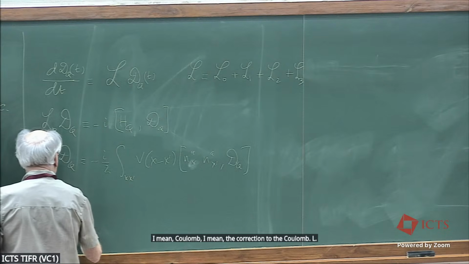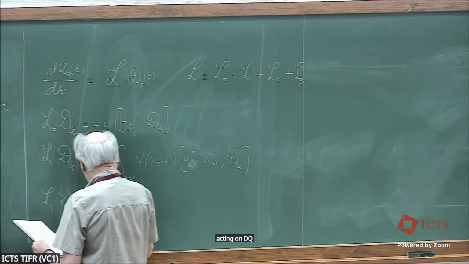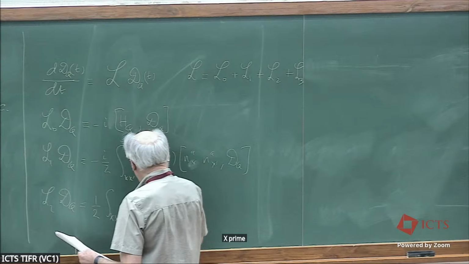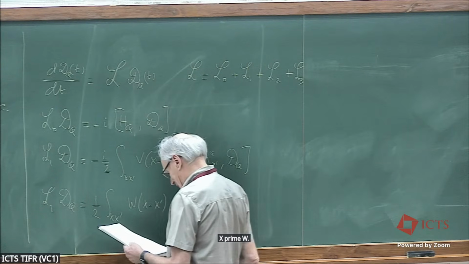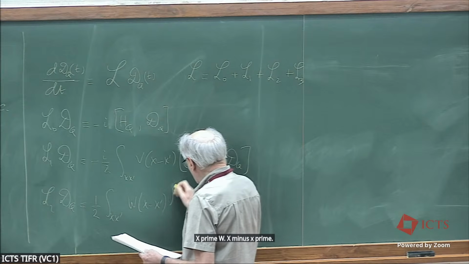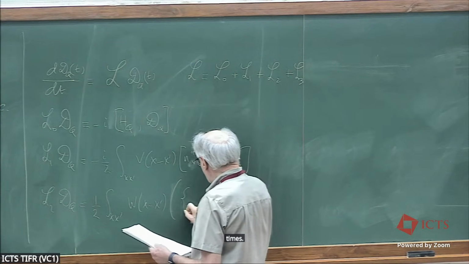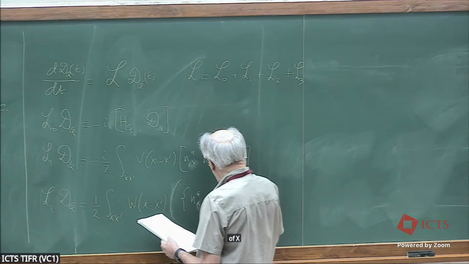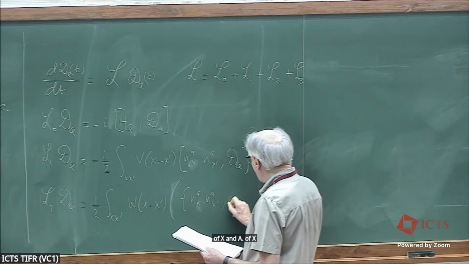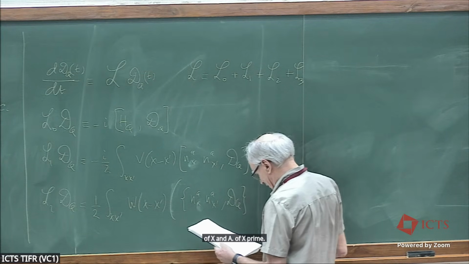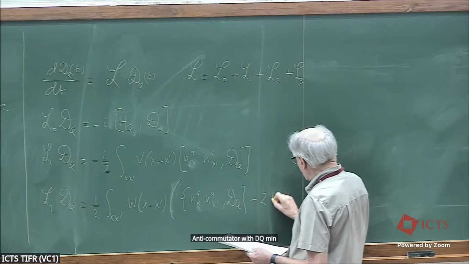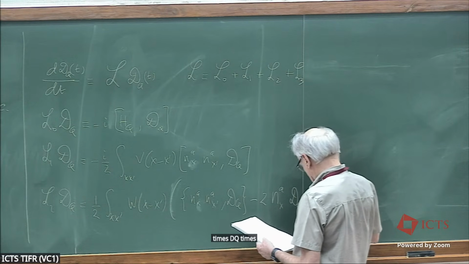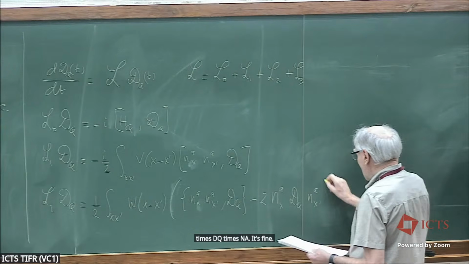L2 acting on D_Q. This is where W comes into the game. The integral over x, x prime of W(x minus x prime) times the anti-commutator of n_A(x), n_A(x prime) with D_Q, minus 2 times n_A(x) D_Q n_A(x prime).